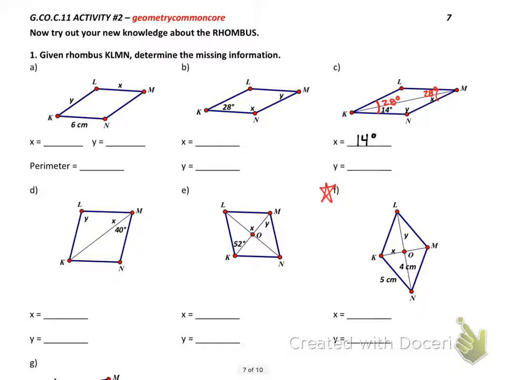Now there's another way we could think of this. Maybe you think about the fact that a rhombus has congruent sides all around. And this is a weird one to think about, so you might not think of it this way. But if we've got congruent side here and here, we've just formed what kind of triangle?